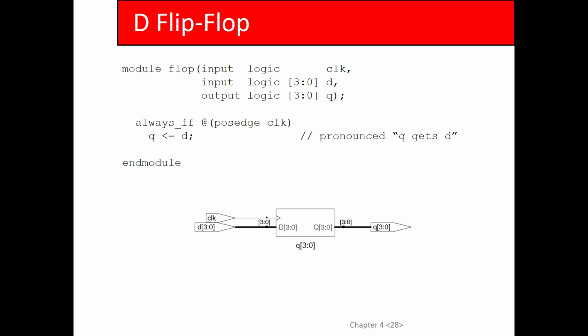Non-blocking is the little arrow looking thing. Blocking is when you just have a regular equal sign for the assignment. So I've got a question on the quiz where it asks you to predict the behavior of an always with a mixture of non-blocking and blocking assignment.